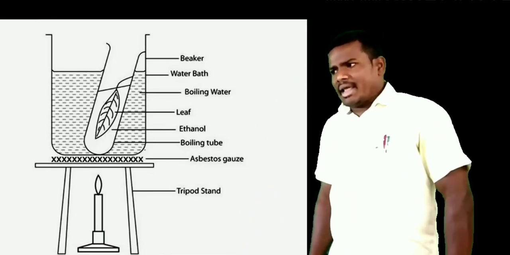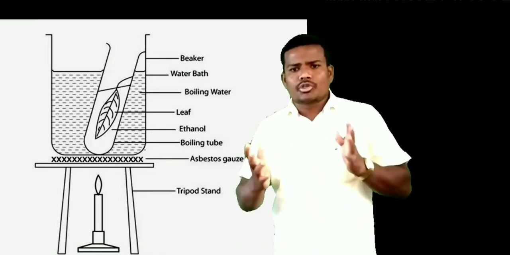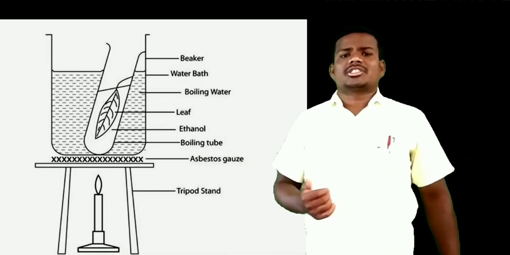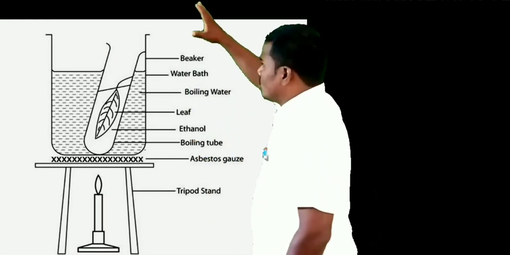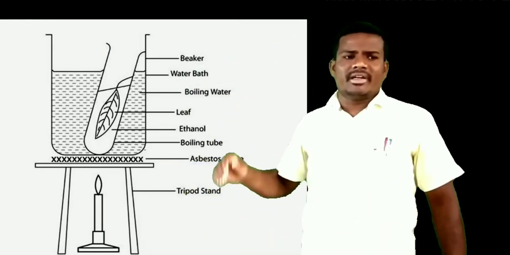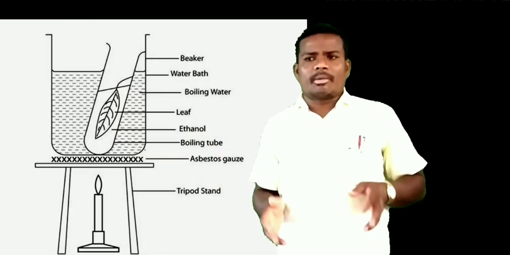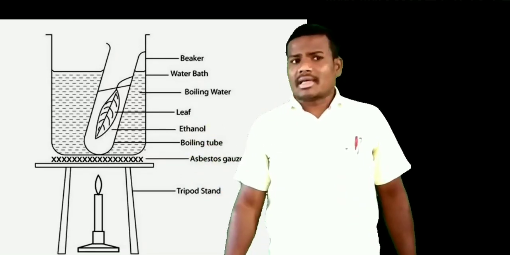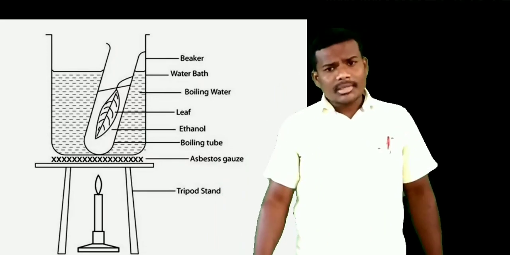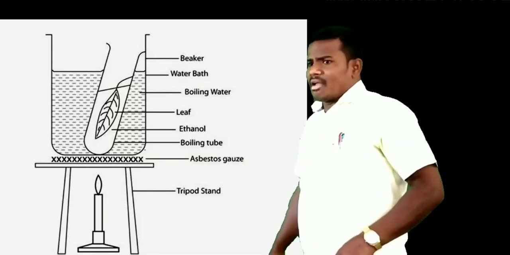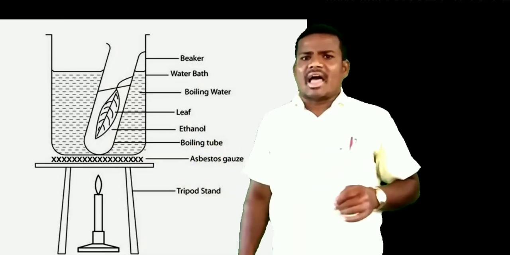And next, arrange a Bunsen burner below the tripod stand and asbestos gauze. So this is the procedure. Hold this experiment in bright sunlight and provide time for observation. Next, observation: when we keep this experiment in the sunlight, what will happen?